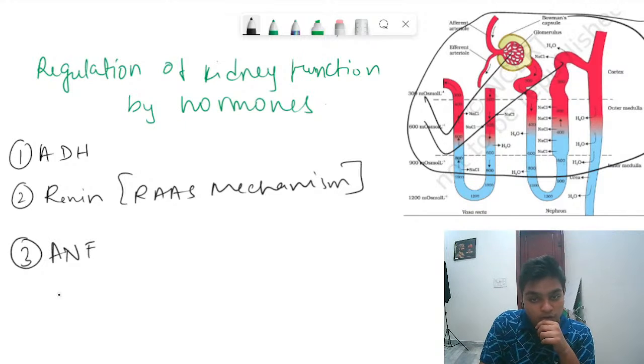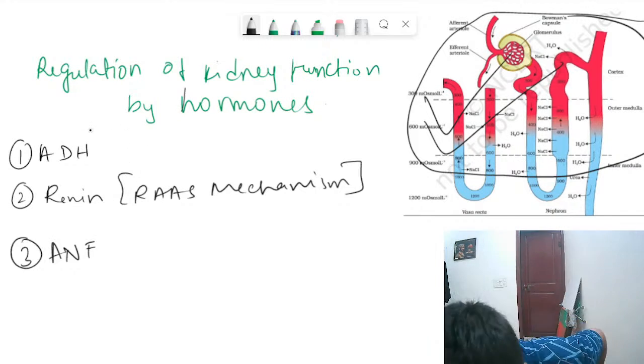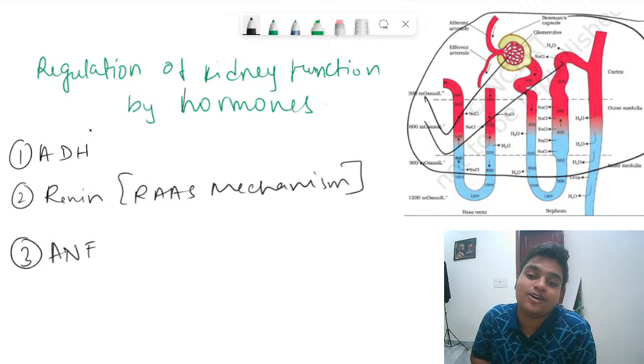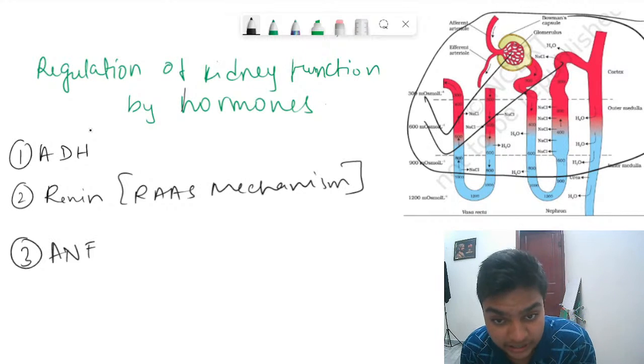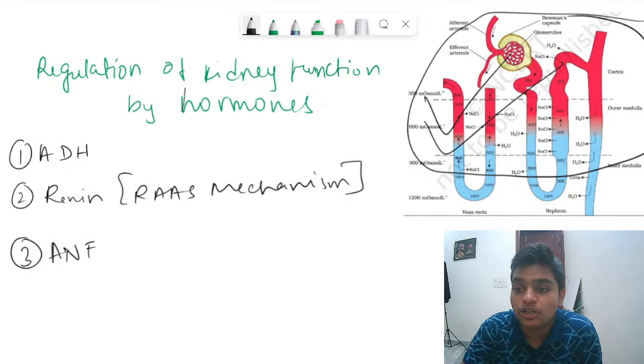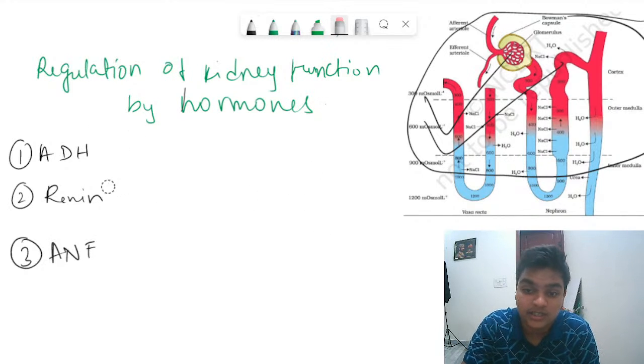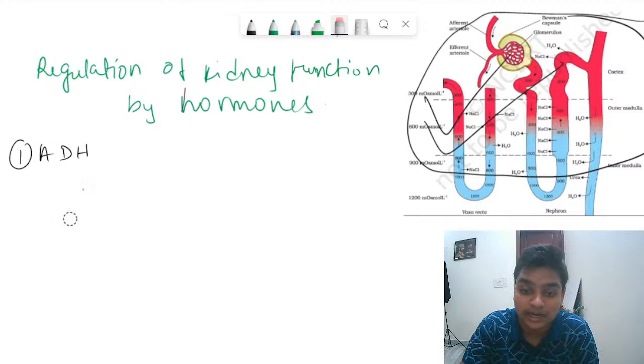Under this subsection we will be discussing the role and effect of these three hormones on the functioning of the kidney. Let us start with ADH and then we will move on to renin.